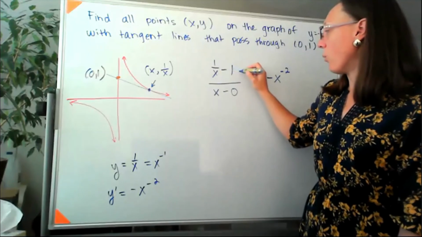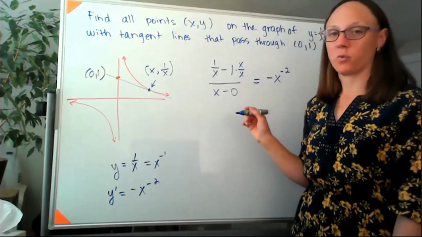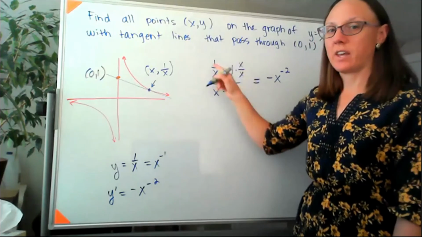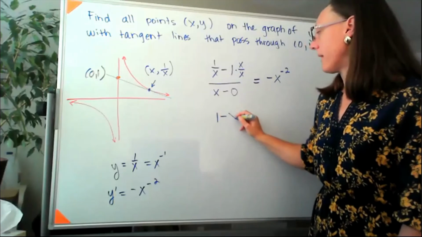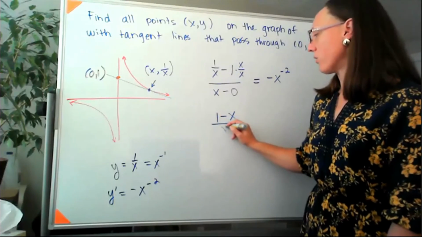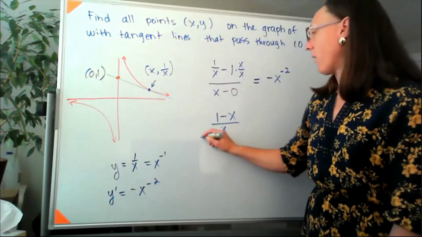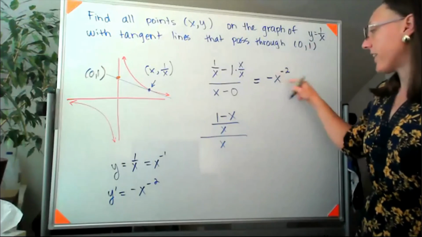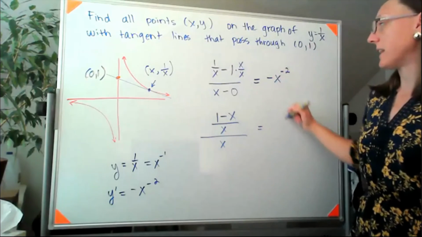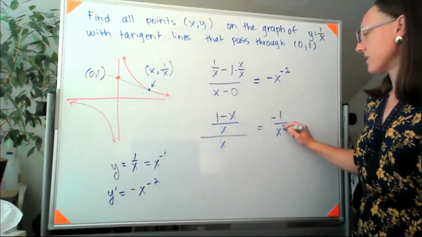So I'll think about that 1 as really being x over x. So in my numerator, I've got 1 minus x over x. And then that whole thing is over x. Over here, I'm going to choose to rewrite this to be negative 1 over x squared.